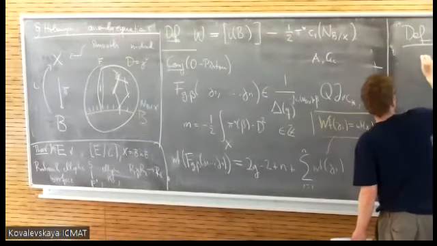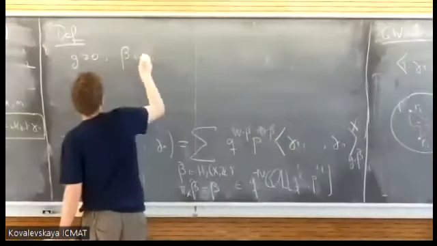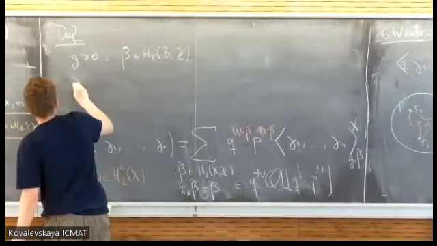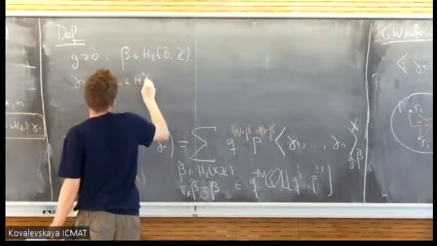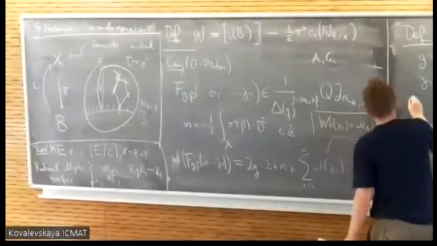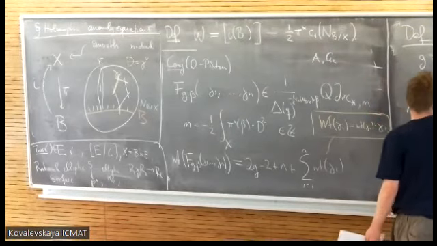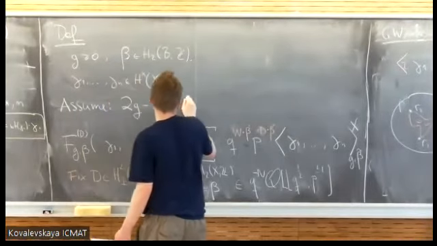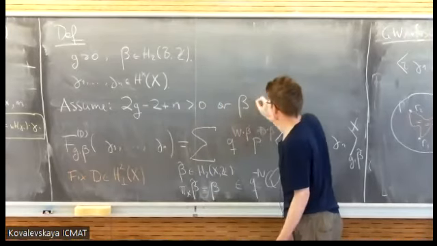Okay, so for this Gromov-Witten potential, we fixed our genus, we fixed our curve class in H_2, and then we fixed our cohomology classes. And then the main thing is we have to make an assumption: assume either that 2g minus 2 plus n is positive, or that the curve class is non-zero.